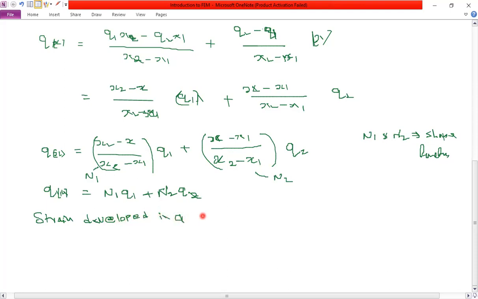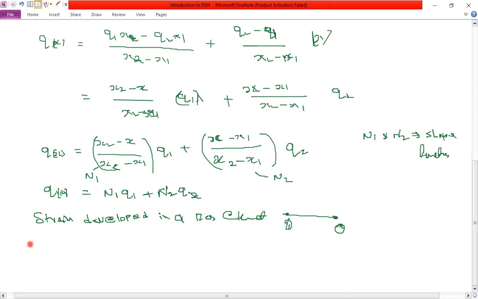In the above we have taken the bar element. So what would be the strain that is developed in a bar element? The bar element has nodal numbers 1 comma 2.